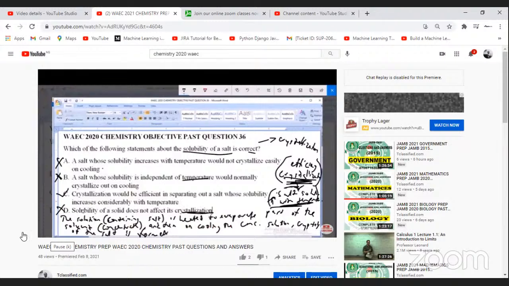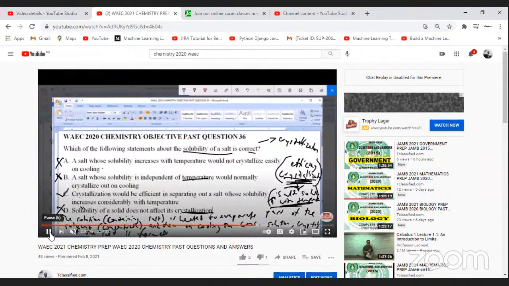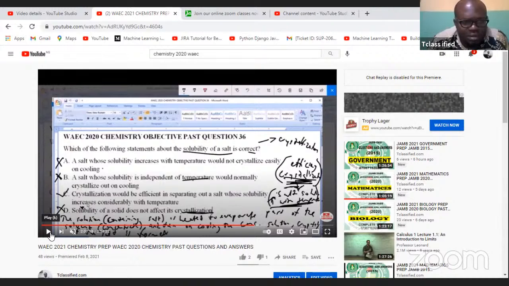C. Crystallization will be efficient in separating out a salt whose solubility increases considerably with temperature. D. Solubility of the solid does not affect crystallization.